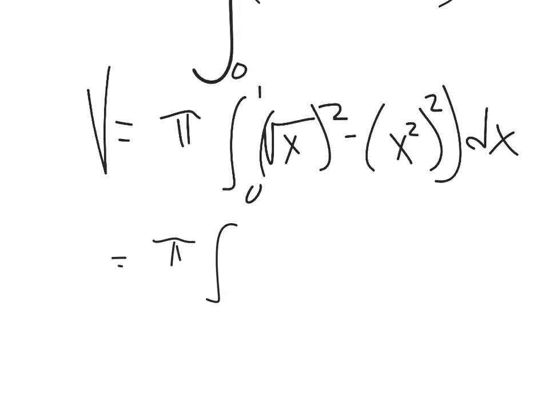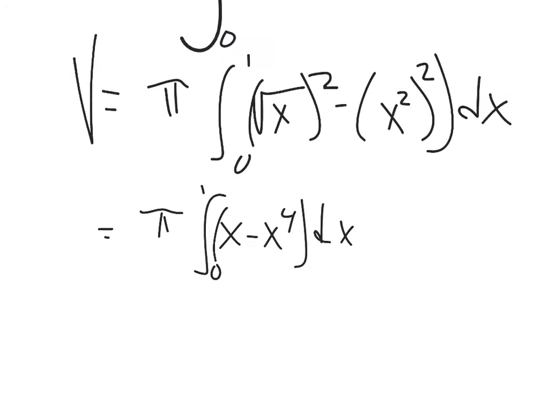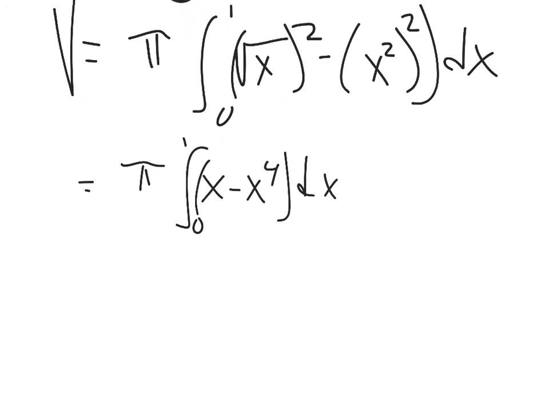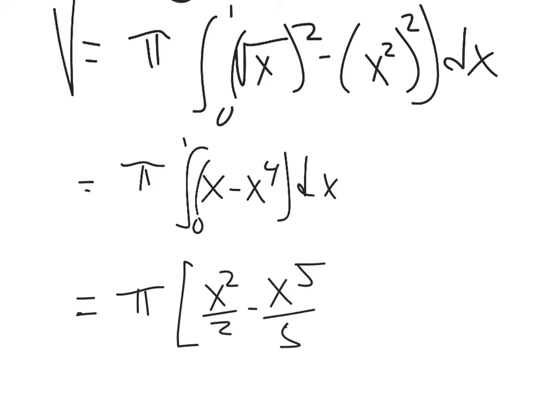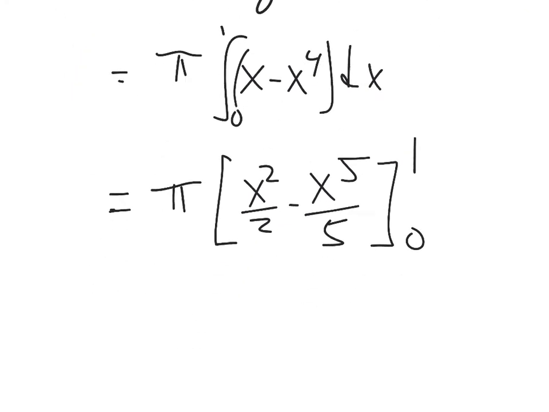This equals the integral from 0 to 1 of x minus x to the 4th dx. That seems doable. So we have pi times, take the antiderivative, x squared over 2 minus x to the 5th over 5, evaluated from 0 to 1.